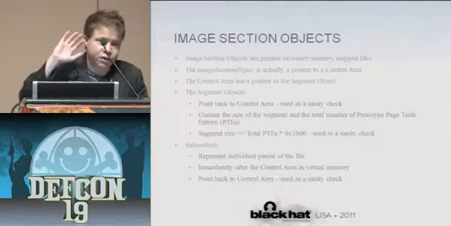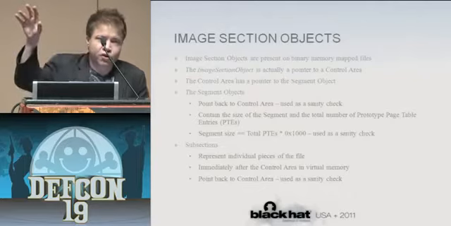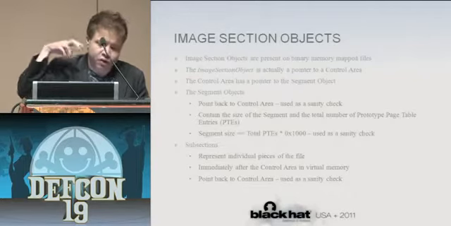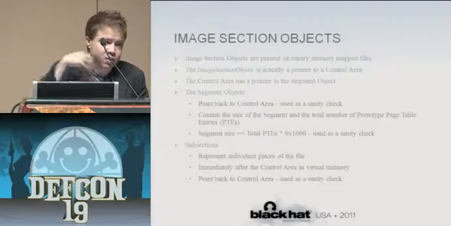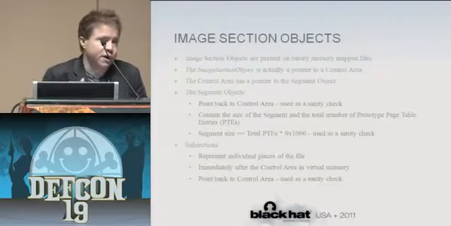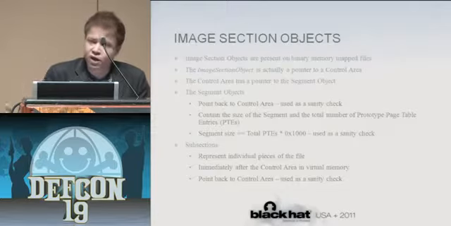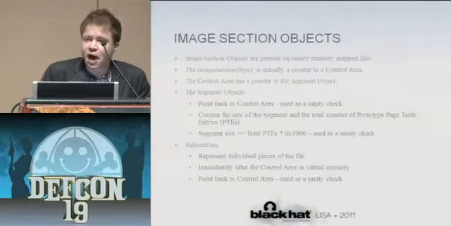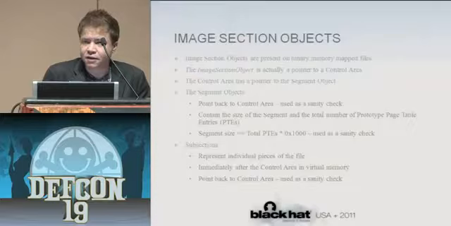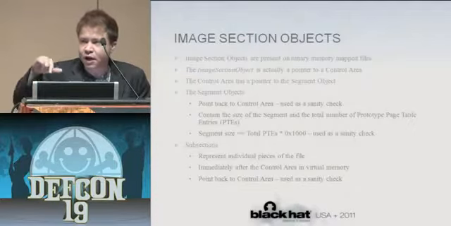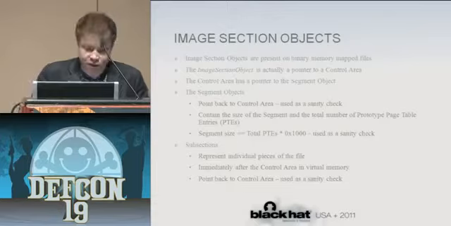So although the segment object was way away in virtual memory, the subsection object was immediately following the control area. That was nice for us. Basically, for every version of the OS, you can just determine how large the control area is, add that to where the base of the control area was, and then cast that as a subsection object.